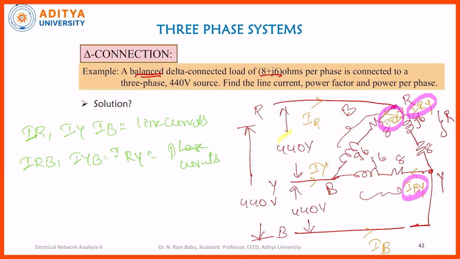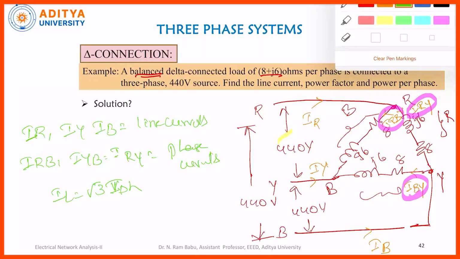Now we need to calculate the values of line currents and phase currents. In order to calculate this, we all know that in delta connection, line current is equal to root 3 times the phase current.